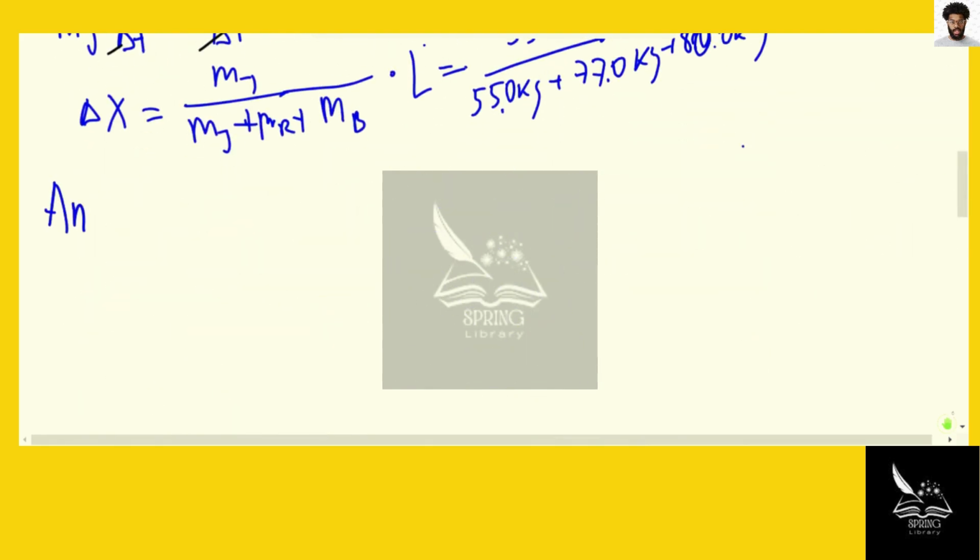So the answer is delta x, displacement of the boat, is 0.70 meters.